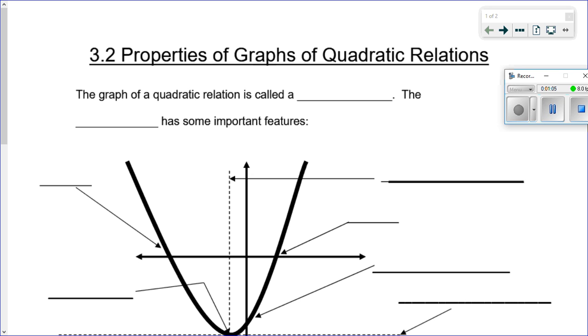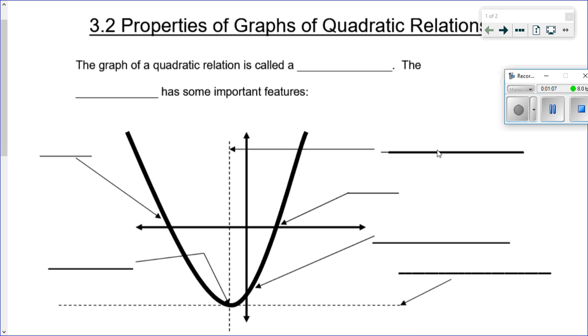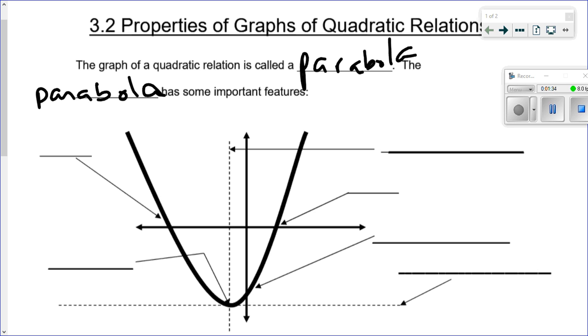So, as you've already found, a parabola looks like a giant U or a giant N, depending on whether it opens up or down. So here you see we have it as a U. Now, the graph is called a parabola. And the parabola has several important features.